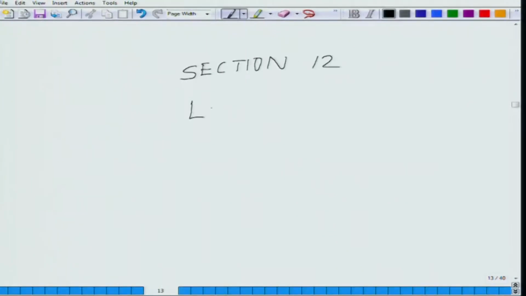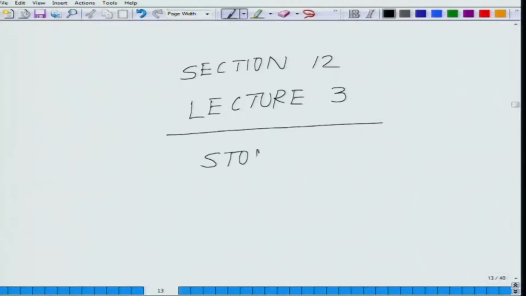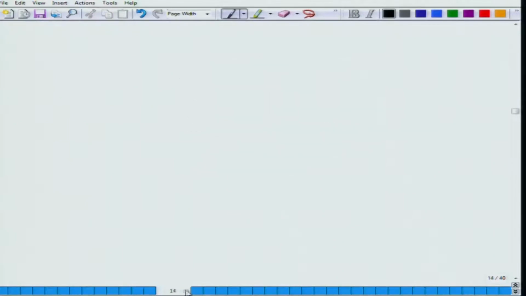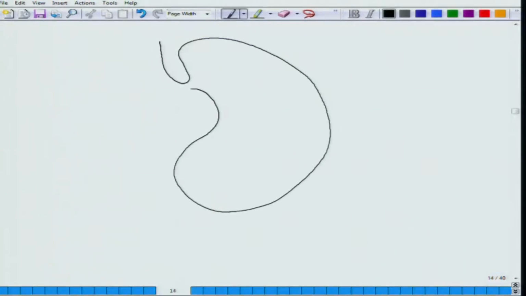Section 12, lecture 3. Stomach. Okay. So, the overall structure, if you look at the stomach, physically it looks something like this. Okay, and of course not this.